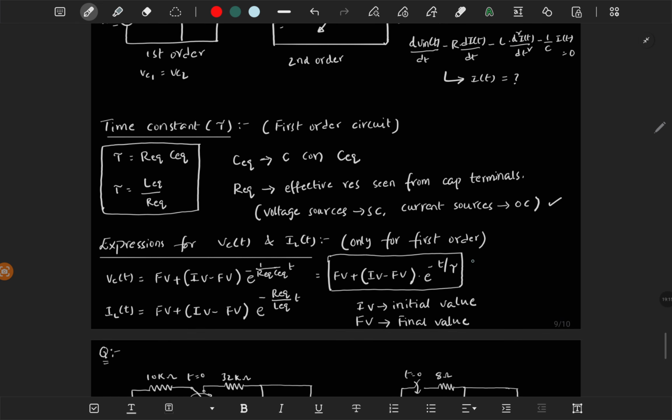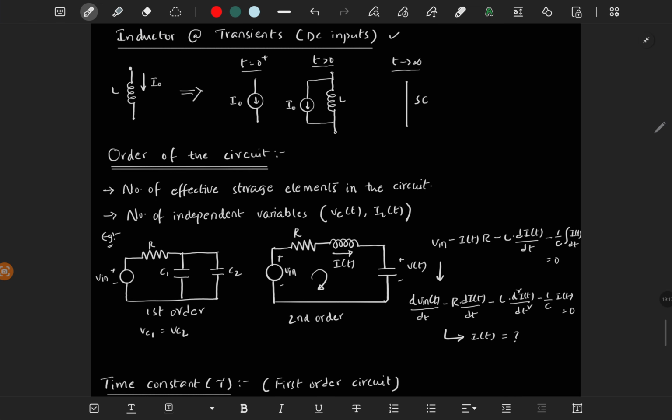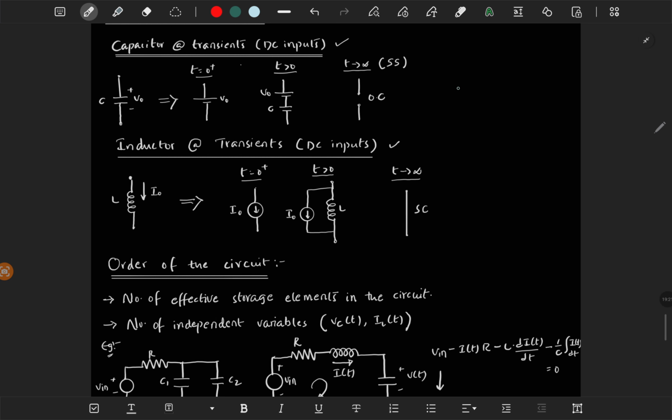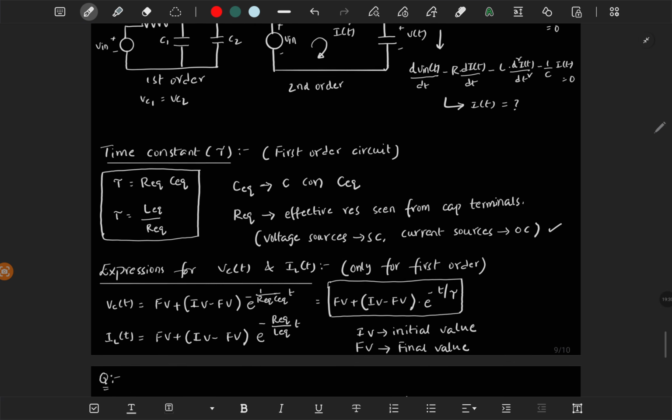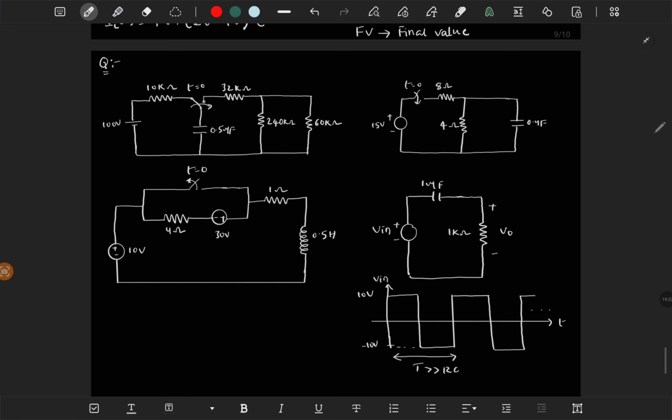If you remember this expression, and if you understand the difference between first order and second order, and if you know about steady state and t is equal to 0 plus in transient circuits, then we can easily solve first order circuits. So today we can solve these circuits. We can start with this circuit.